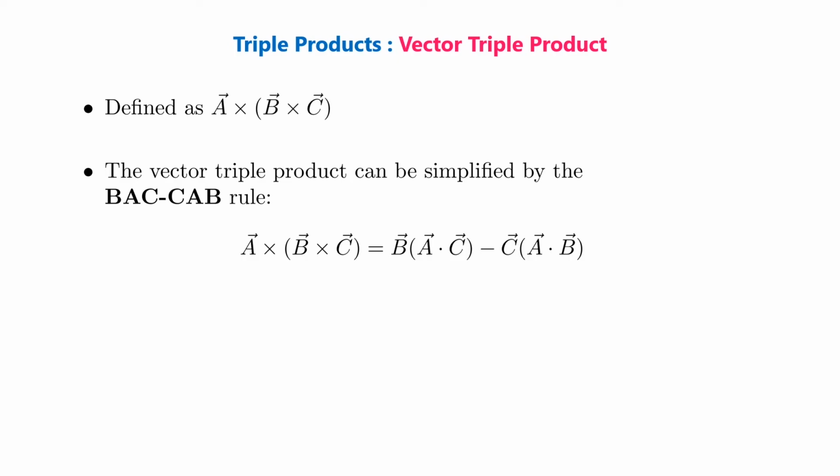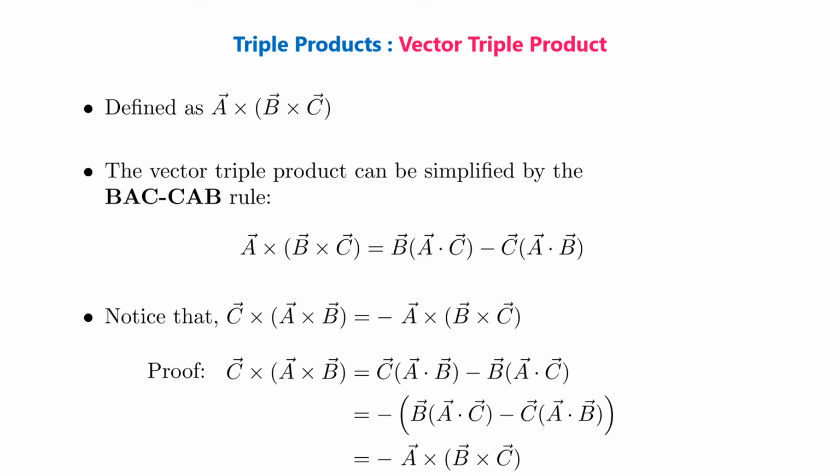That is, vector A cross vector B cross vector C is equal to vector B times vector A dot vector C minus vector C times vector A dot vector B. Notice that vector C cross vector A cross B is not equal to vector A cross vector B cross vector C. In fact, vector C cross vector A cross B is the negative of vector A cross vector B cross vector C. So this can be proved from the BAC-CAB rule.